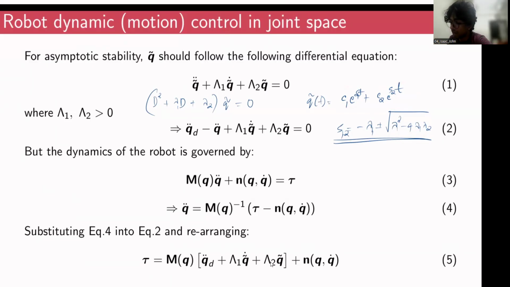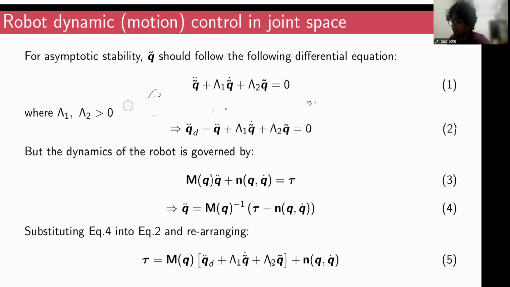So the consequence of having lambda 1 and lambda 2 greater than 0 is that the general solution of this differential equation would tend to 0 as time tends to infinity. So essentially, we want our system to follow this second order error dynamics.